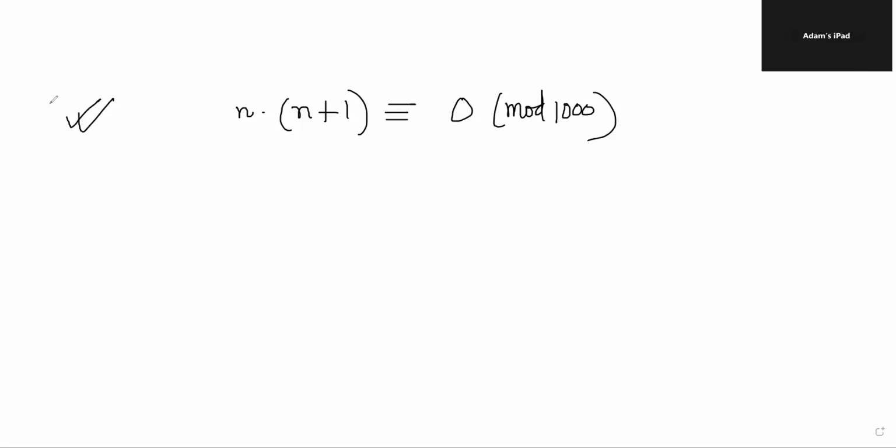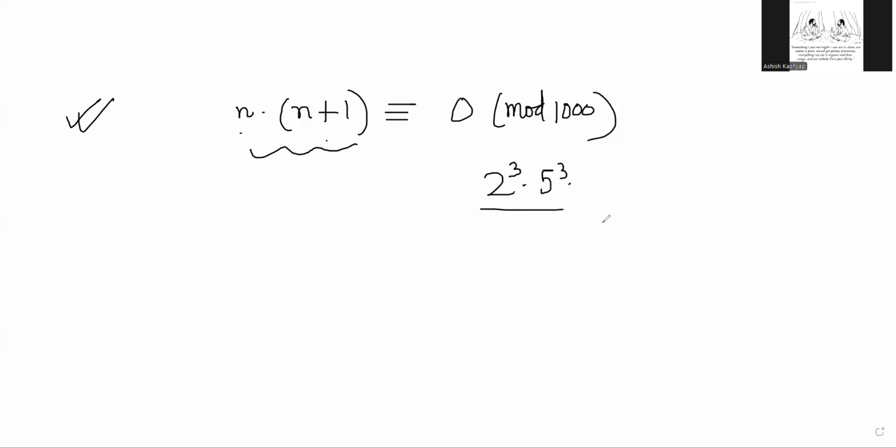This doesn't mean that we know the prime factorization of the numbers. This means, however, that whatever is the product is divisible by 2 cube and 5 cube. Because they are co-prime, the 2's and the 5's should be separated. Either this has all the 2's and this has all the 5's.